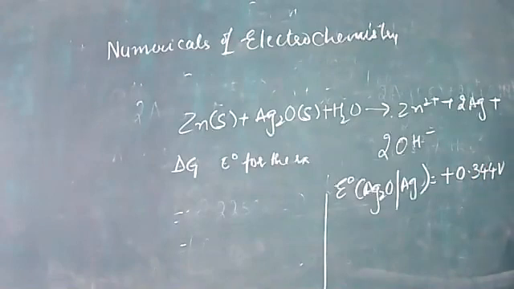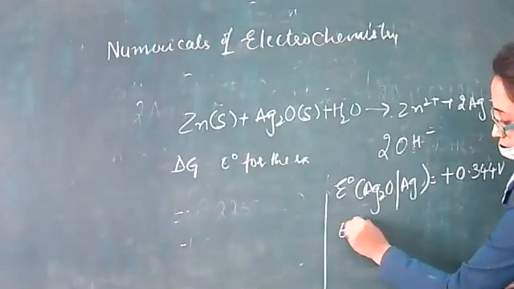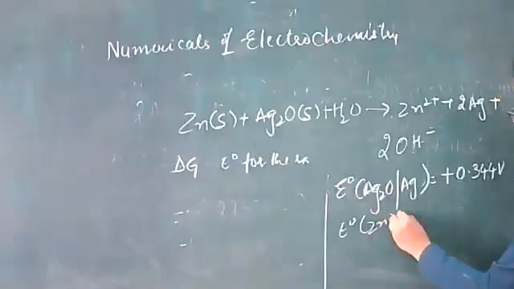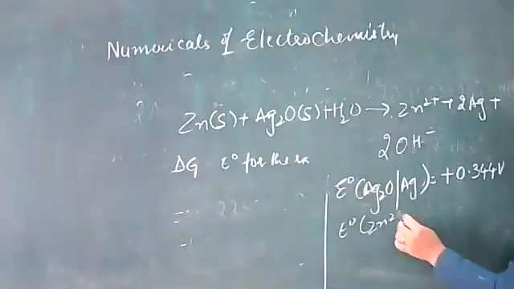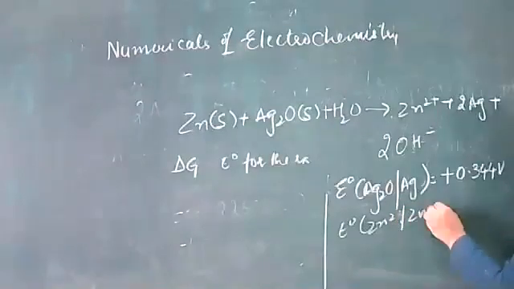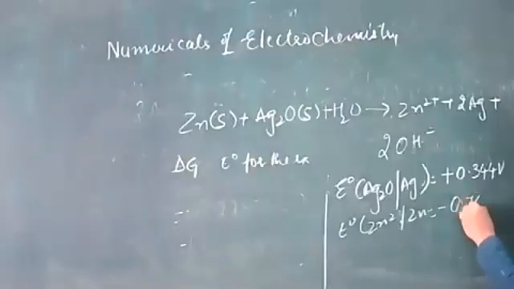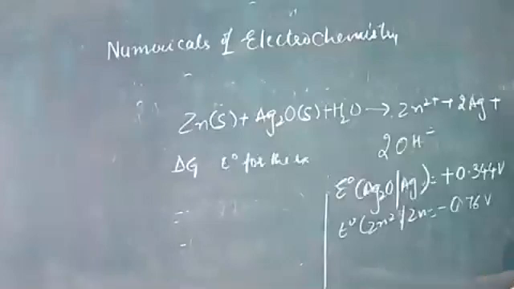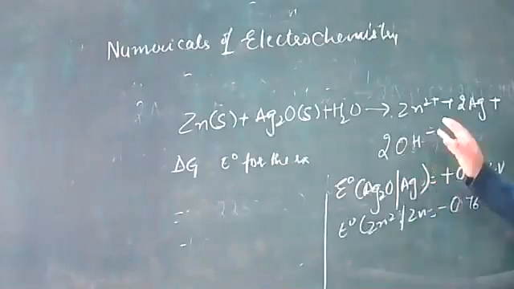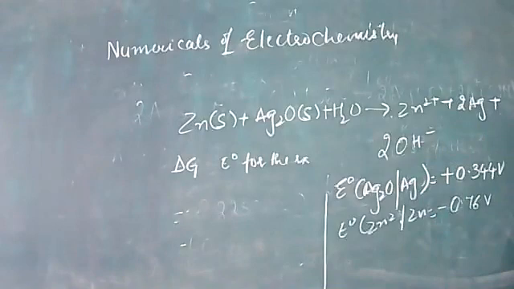The value for the silver is this, and the value of zinc we should have memorized by now, because we have done it so many times. It is minus 0.76 volt. Now what is happening to zinc? Zinc is getting oxidized.